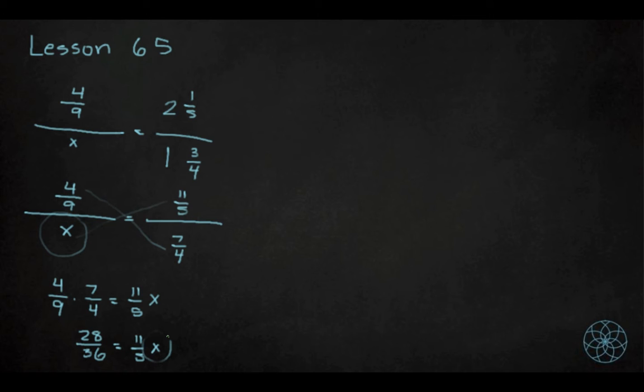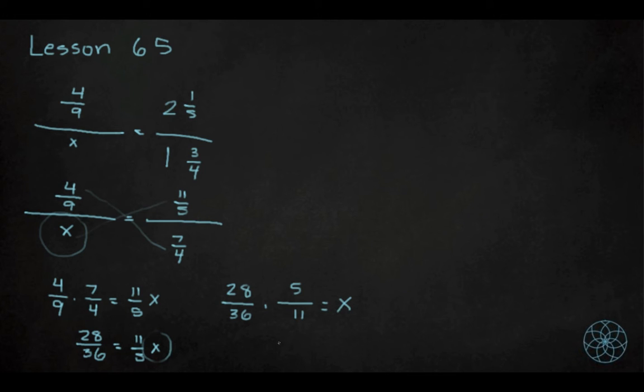Remember, the goal is to get x by itself. We have this 11/5 in the way. Let's divide both sides by 11 over 5, and I'm going to have to move over a little bit. 28 over 36 divided by 11 over 5 would mean we're going to multiply by 5/11ths. And that will be equal to x.